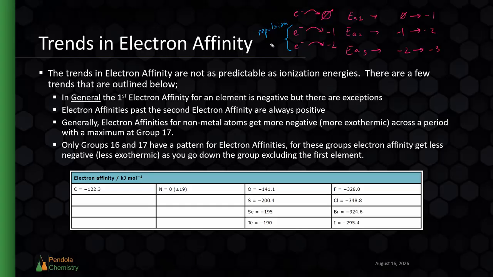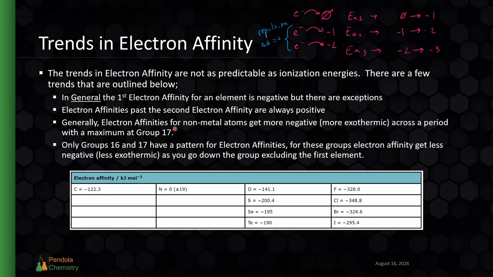In order to overcome repulsion, we are going to need energy. So that enthalpy change is going to be positive. Whereas because the first electron affinity doesn't experience repulsion, we are not necessarily going to get that positive enthalpy change. We'll usually get a negative value, although sometimes it is still positive.